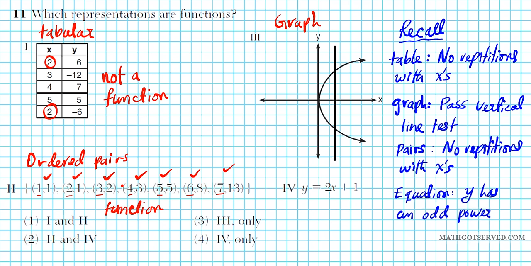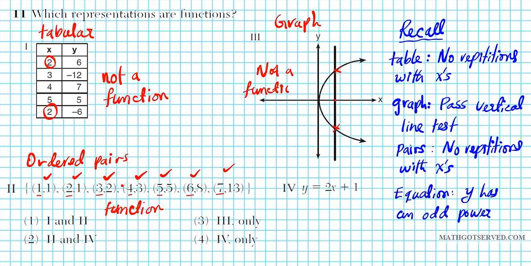The graph is not a function. Do you see how this fails the vertical line test? It intersects 1, 2. This is not a function because this unique input here is being assigned to 2 distinct outputs. So this graph fails the vertical line test, hence it is not a function.